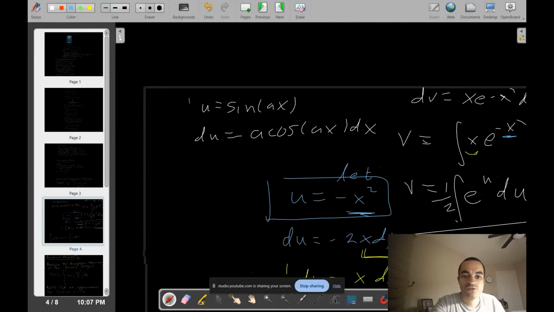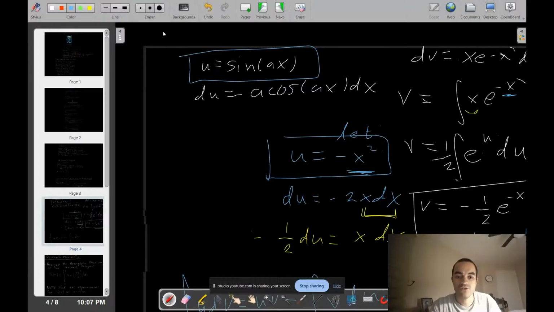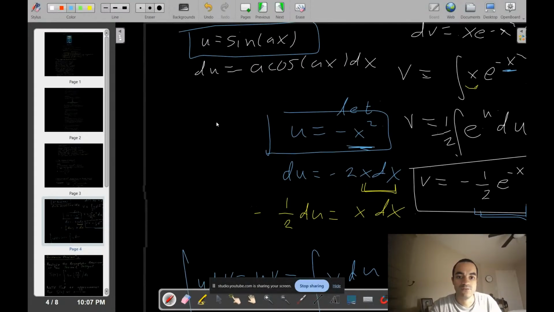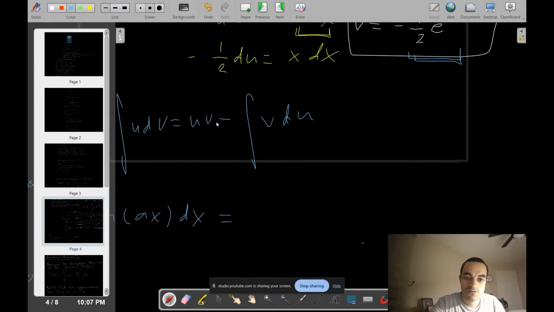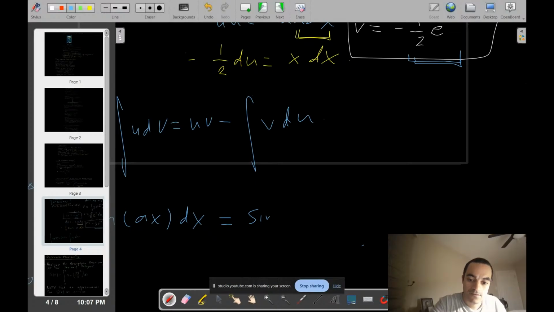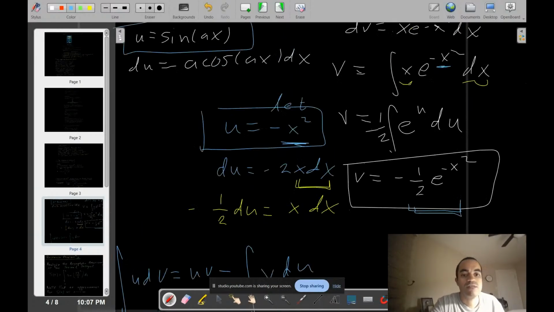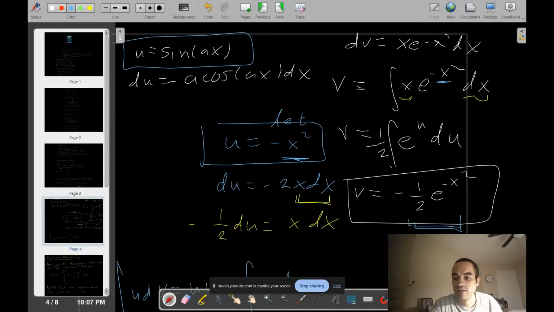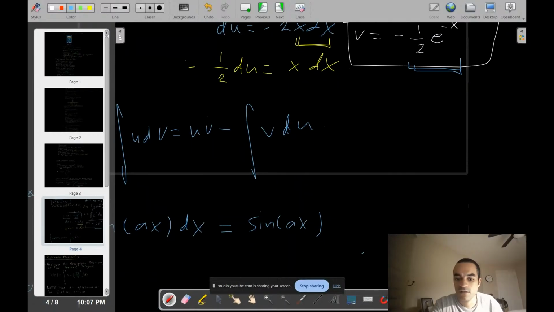u times v. My original u is sine ax, right? We're going to use the u's and v's and du's and dv's for the integration by parts. So this is going to be sine as a function of ax. v, where's my v? v is negative 1/2 e to the negative x squared. So negative over 2 e to the negative x squared.